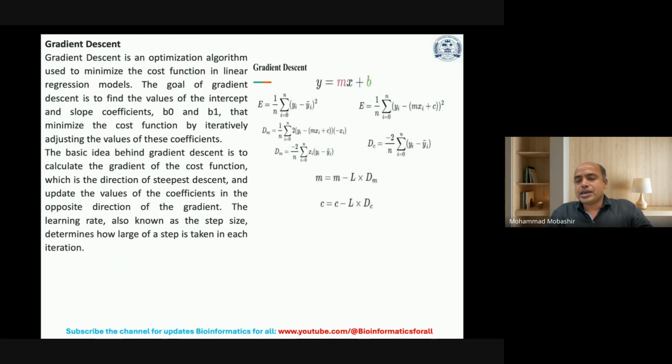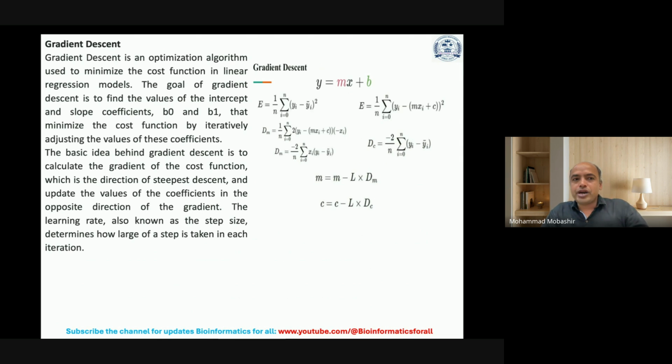Now, gradient descent I have discussed in quite some detail in the previous videos, so I'm not going there. But what you need to know is that this is an optimization algorithm used to minimize the cost function in the linear regression model.